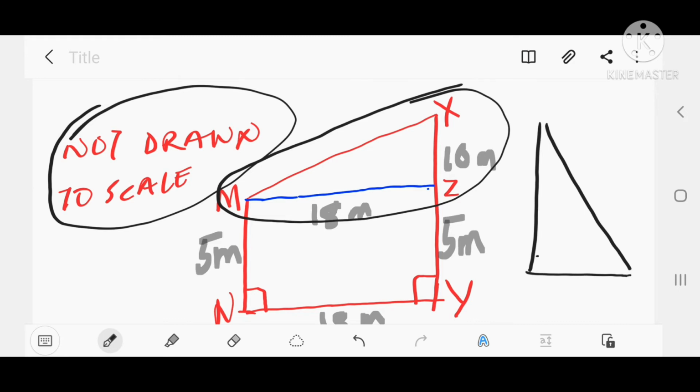We have something like this, with 18 meters and 10 meters. Remember, this is what we're looking for, that's our line MX.